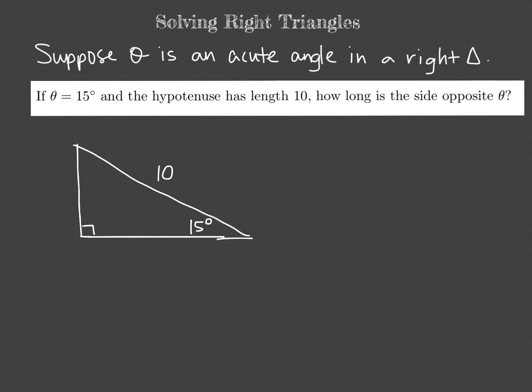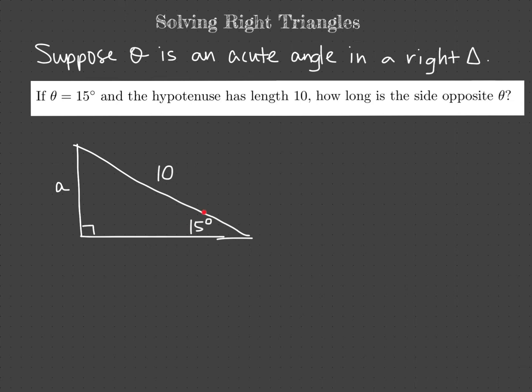All right, what do we need to find? We want to know how long is the side opposite theta. So we need to know what is this side length over here. I'll call it A. This is the side length opposite of theta, which is 15 degrees. We really don't need to know any more information other than these 3 things. We can just use a trig function in order to figure out what A is.